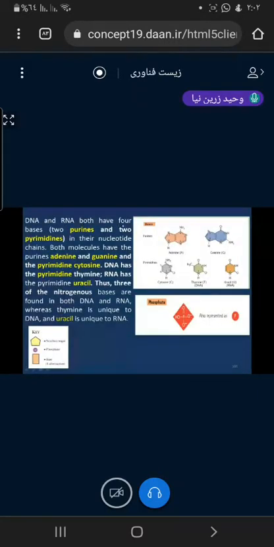DNA and RNA both have four bases, purines and pyrimidines, in their nucleotide chains. Both molecules have the purines adenine and guanine, and the pyrimidine cytosine. DNA has the pyrimidine thymine.